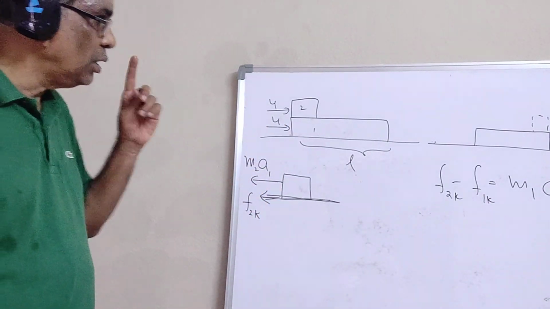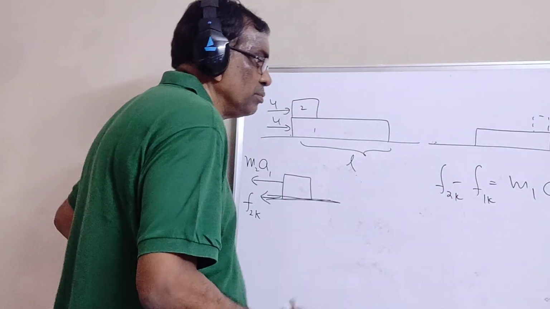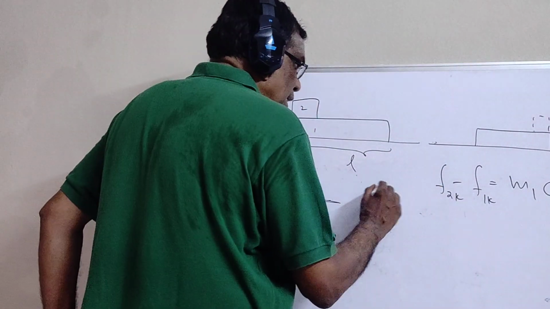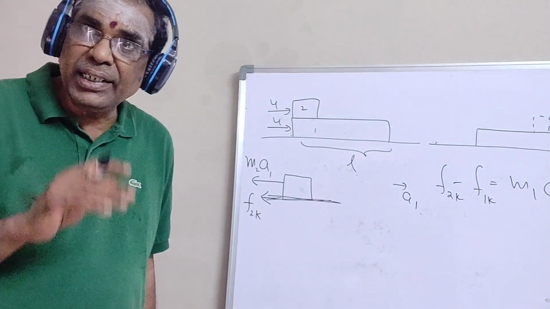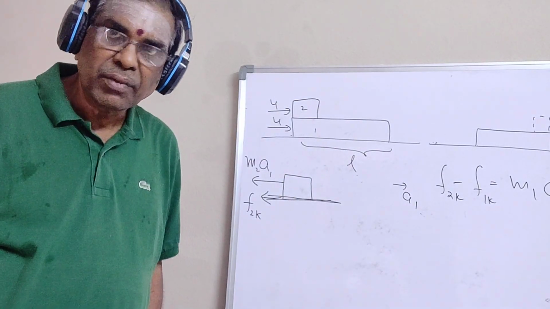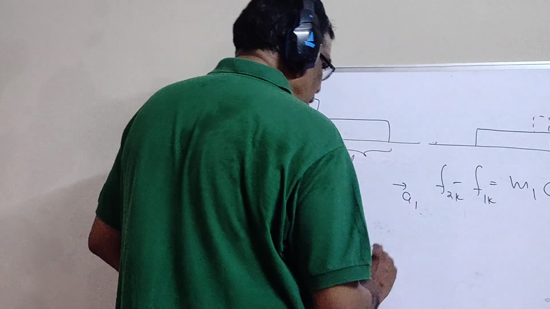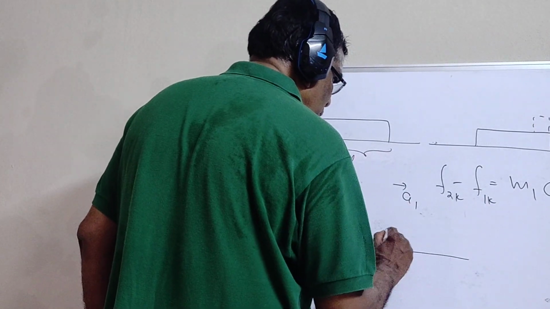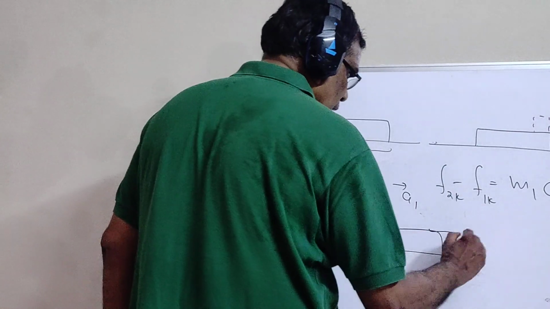Now, one important thing here is, be careful. You are saying it is accelerating at A1. The fact is, it is retarding. It will stop eventually. So, your A1 is right. I'll try to explain it to you here itself. This is F1K.